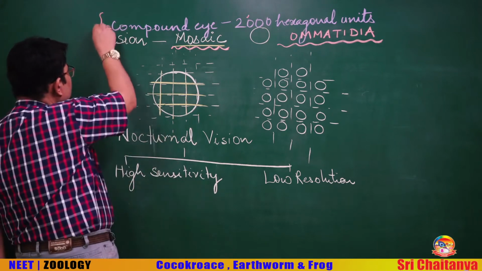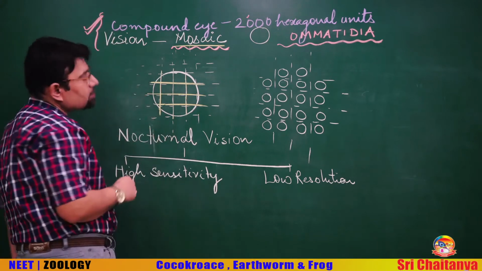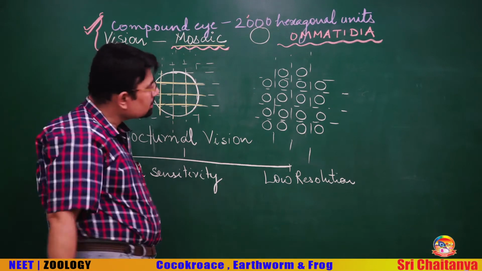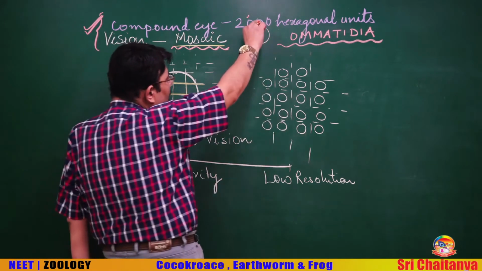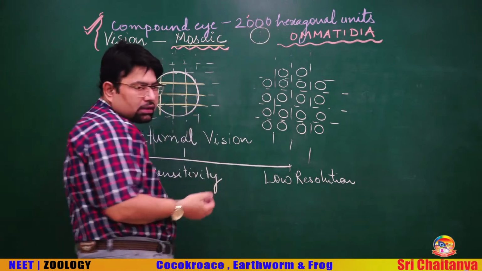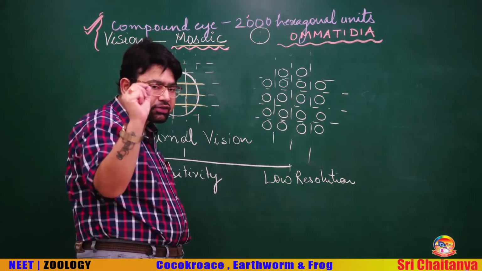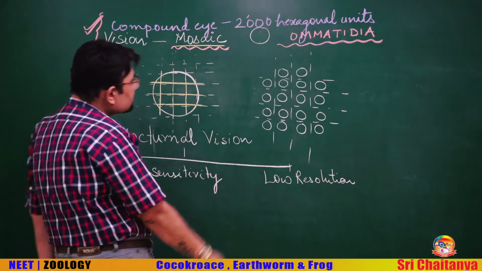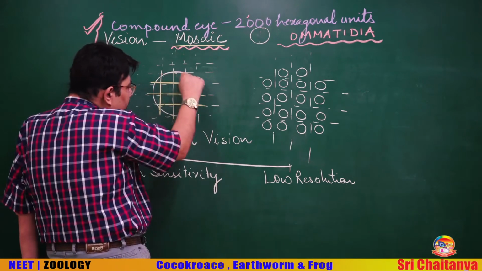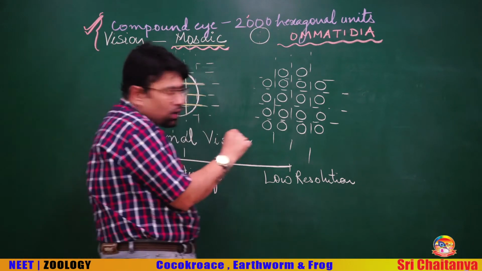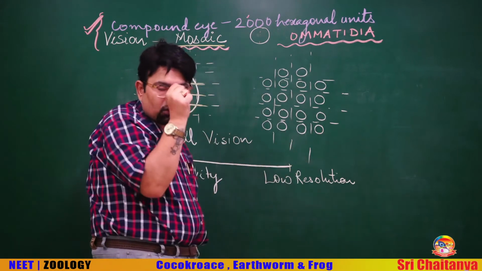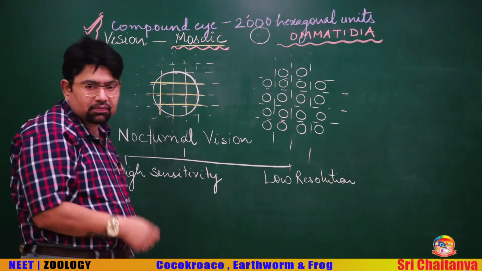Now, these two are very, very important questions for the NEET examination. My question to you is, suppose a cockroach is seeing this golf ball. Now, what does mosaic vision mean? Will he see this ball as one ball made up of small parts, or many small balls? What will his eyes see?